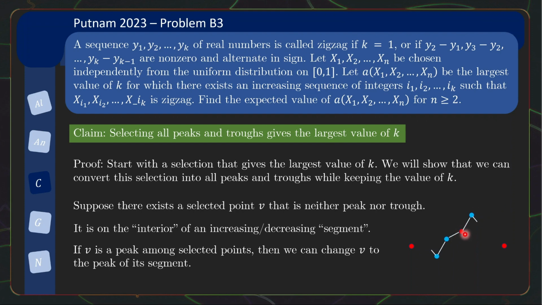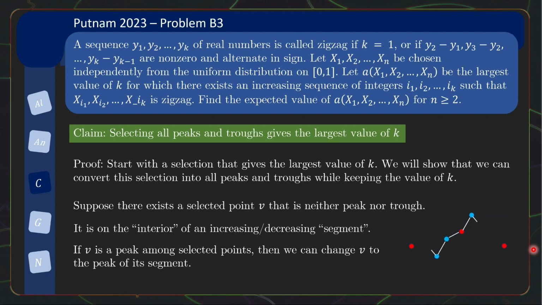This selected point V being the peak among selected points means that the selected point immediately after that, okay, it could be non-existent, which also doesn't matter, or if it exists, it must be strictly lower than V. So this means all the points to the right of V along its segment, including the immediate next peak on the segment, are not selected at all. This means it's valid for me to move this point over to the peak of its segment, while retaining the order of the selected points. So hope that argument is clear.